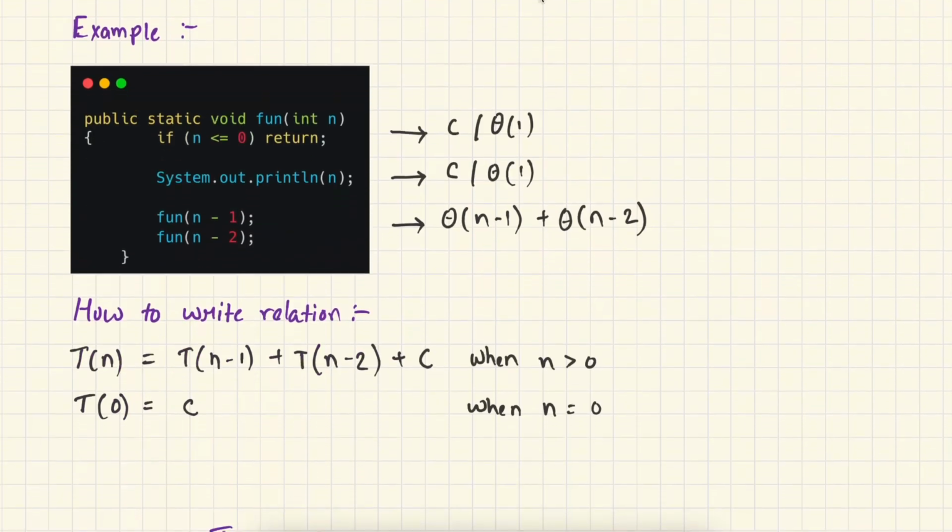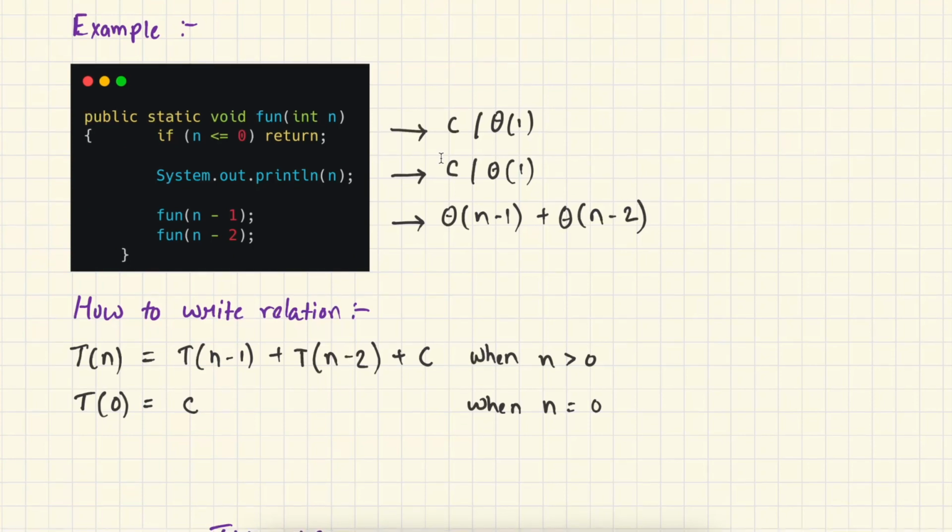In this example, in the first line we are doing a constant operation. In the second line we are just printing, so it is also a constant operation. In the third and fourth lines we are calling this function with n minus 1 and n minus 2. So the amount of work we are doing here is theta of n-1 plus theta of n-2, right? See here, the recursive function is called with different inputs, not the same inputs. In the first call we are reducing n by 1, and in the second call we are reducing n by 2, right? So let's write the recurrence relation of this function.